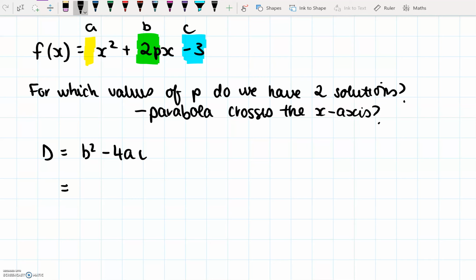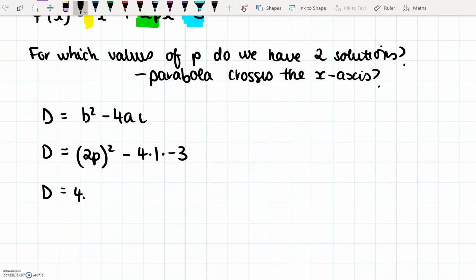So b squared is going to be 2p squared minus 4 times a times c. So our discriminant in this case is equal to 4p squared plus 12. All right, now we want to have two solutions.